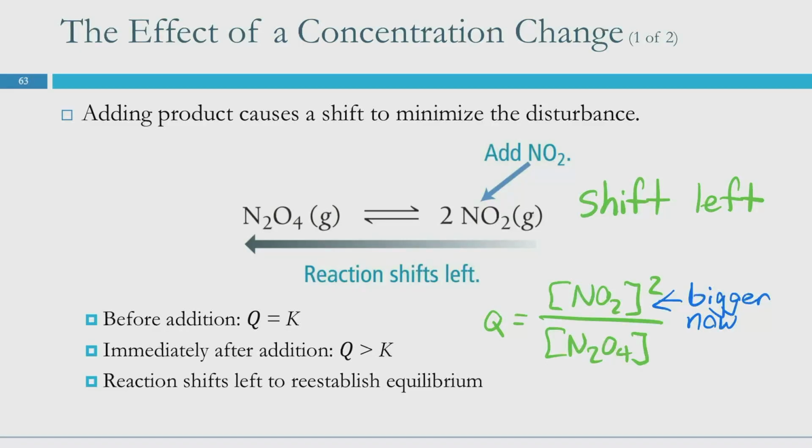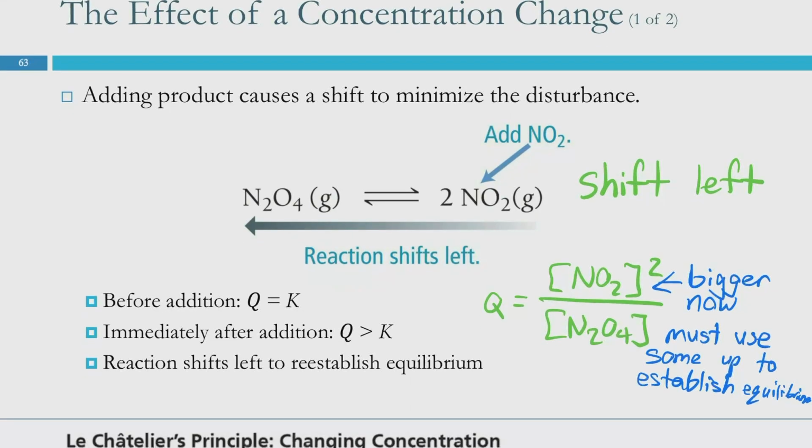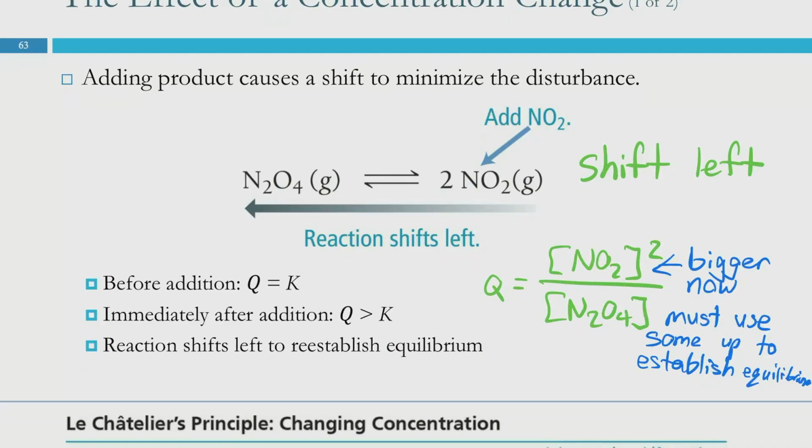We need it to get smaller to get our Q down. Again, the simplest way of thinking of it, just we added to one side, it'll shift away from that.